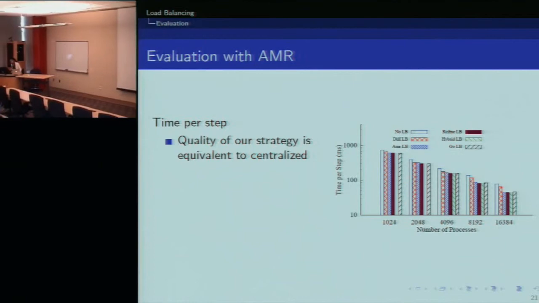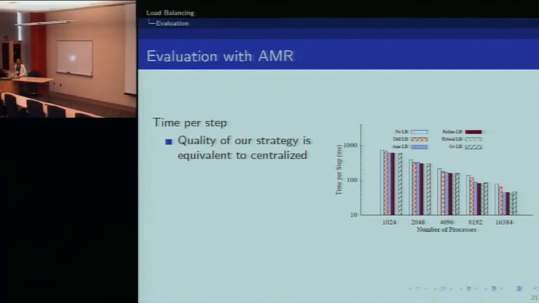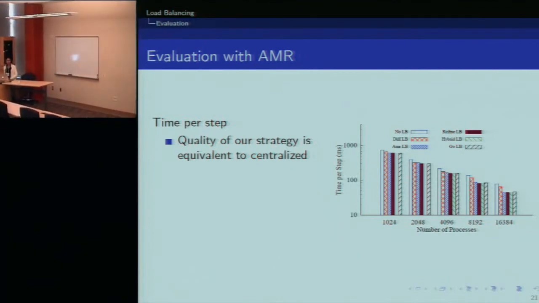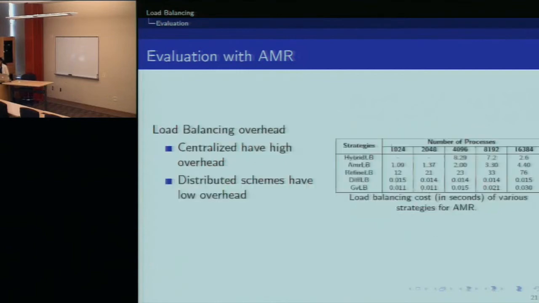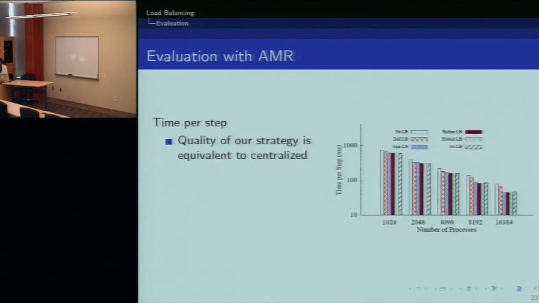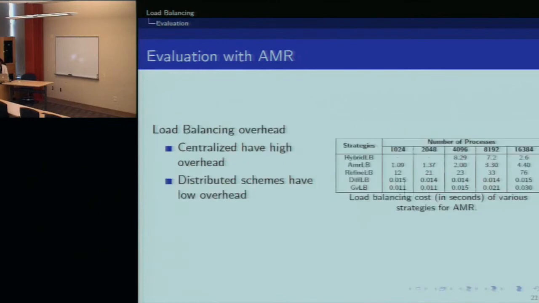Diffusion-based LB does not tend to give good results because it has only a very limited view of the system, and it is generally used only to improve the load balance rather than to achieve a global balance. So the quality is on par with the centralized strategies.